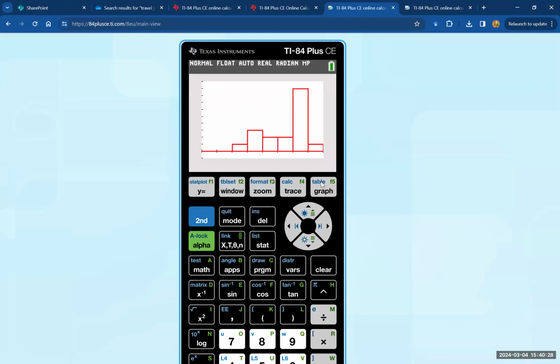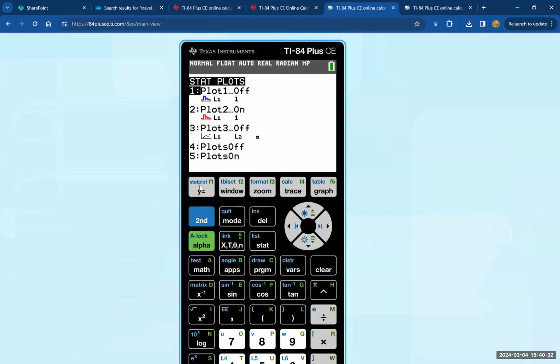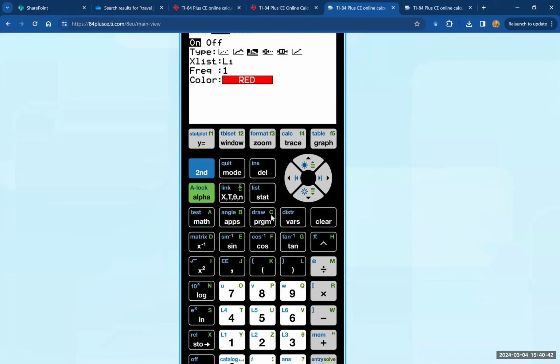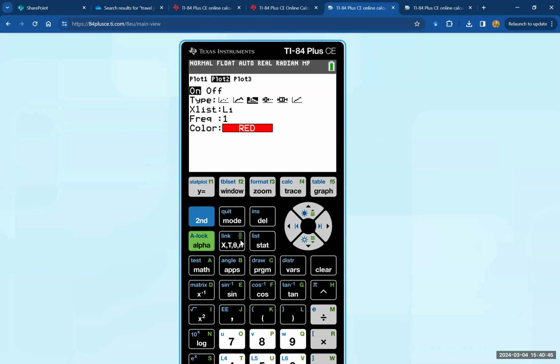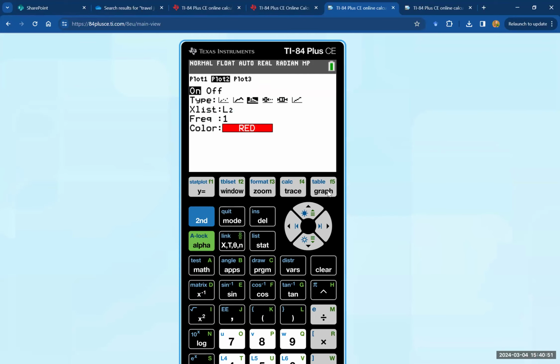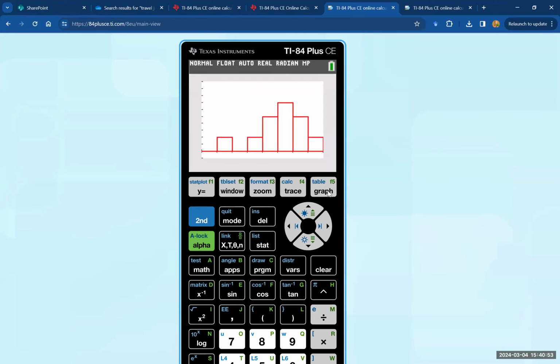But now they look the same, right? So that told me right away that there was a problem, and I know exactly what the problem is. The problem is that I did not change the column over here. So we had to make sure to do that. Now it's on L2. Now if I look at it, it looks different.